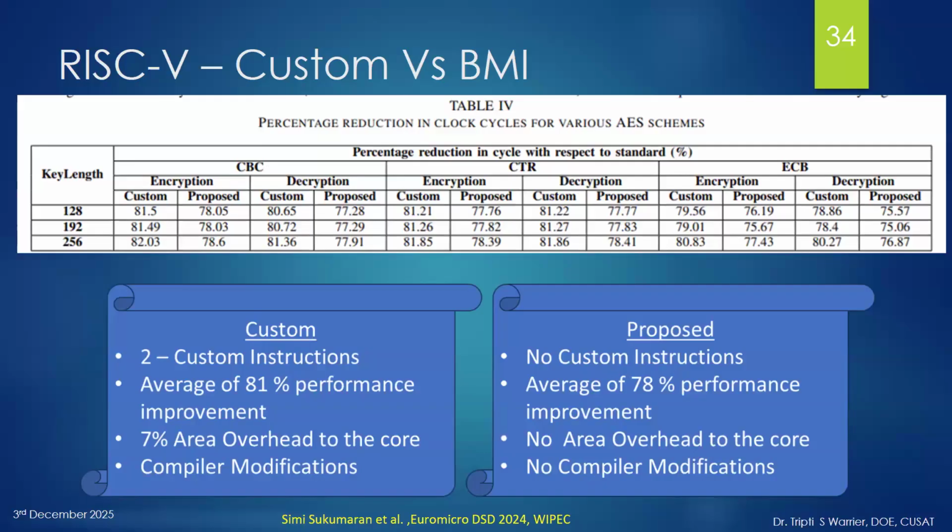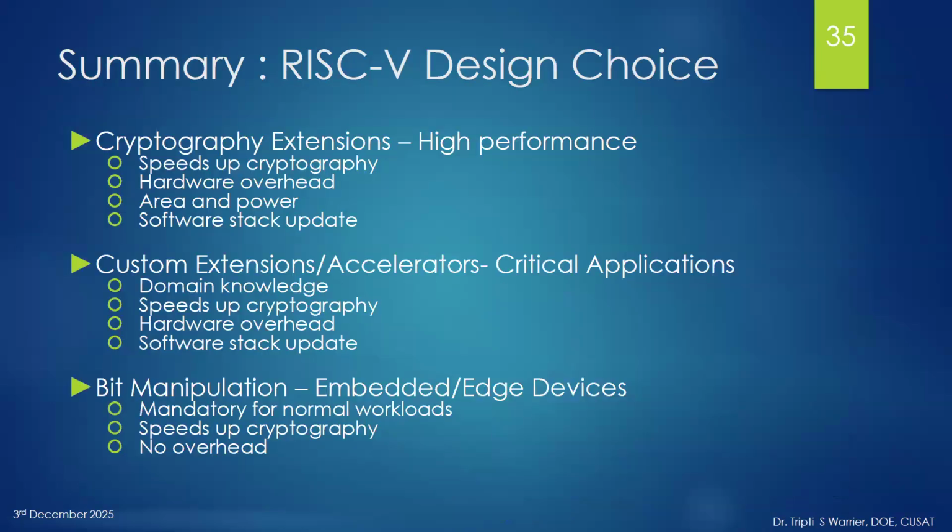So this is a comparison which shows that by intelligently writing applications to ensure they exploit the hardware provided to you, we can speed up our executions. That's a summary of it.